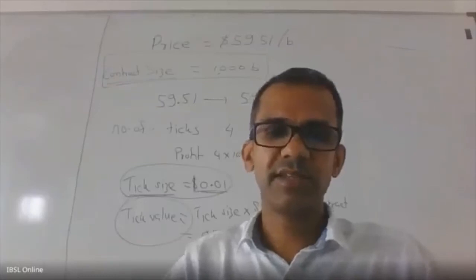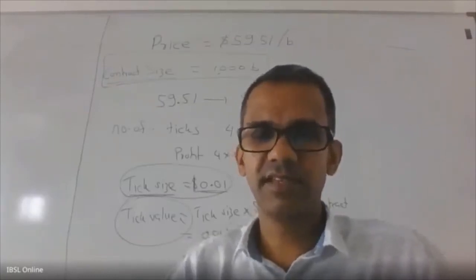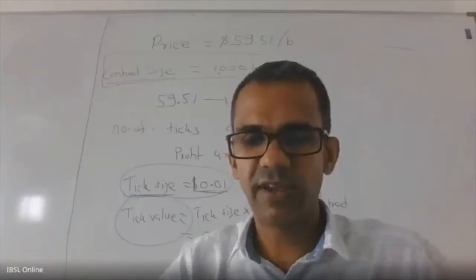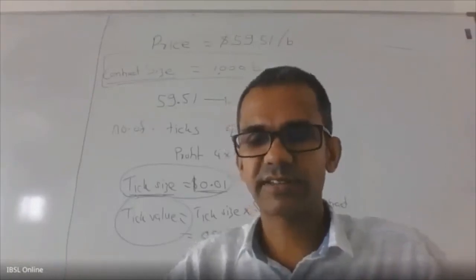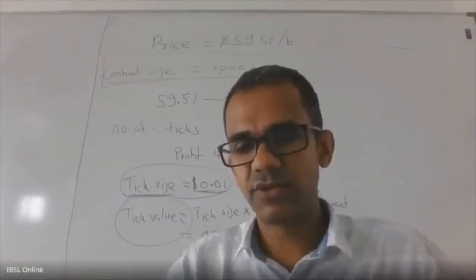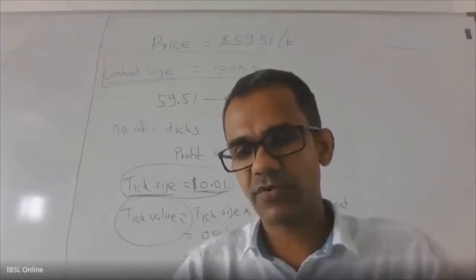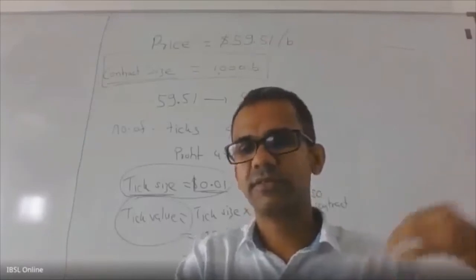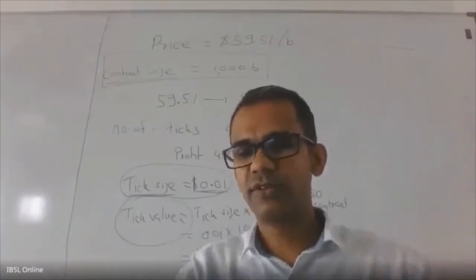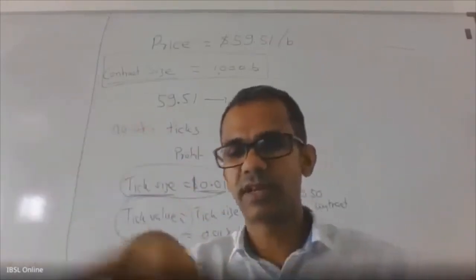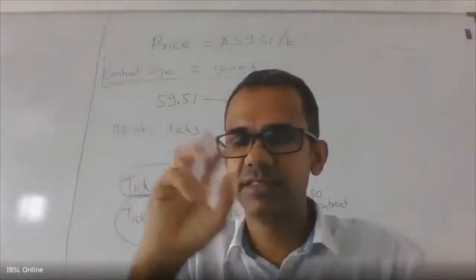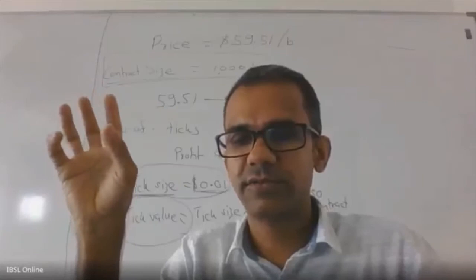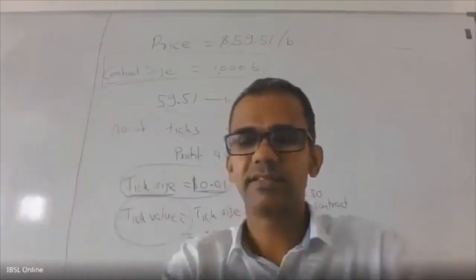So by next week, please revisit these things and get some idea about what is the tick size, tick value, contract size, and things like that. Because to calculate the profit and loss, we just use those. We don't think about whether it's euro, dollar, whether it's oil. We don't care about it. We just consider the tick size, tick value, contract size, things like that.